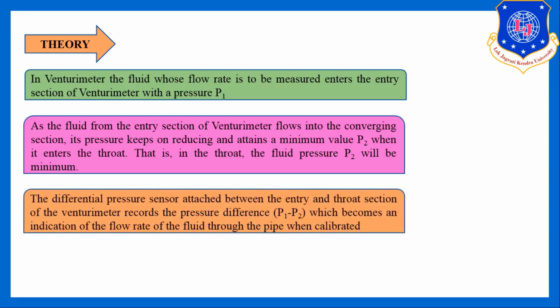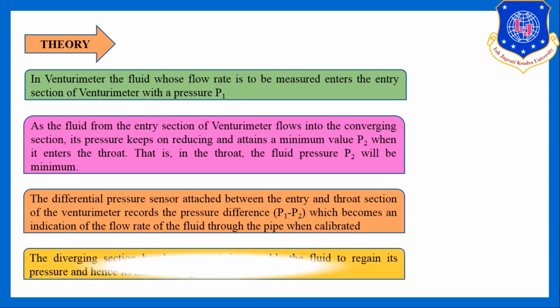The difference in pressure will be measured by a sensor or by a manometer. The differential pressure sensor is attached between the entry and the throat section of the venturimeter, and records the pressure difference P1 minus P2, which becomes an indication of the flow rate of the fluid through the pipe when it is calibrated.